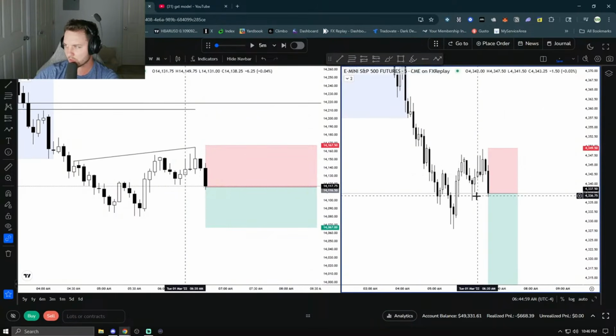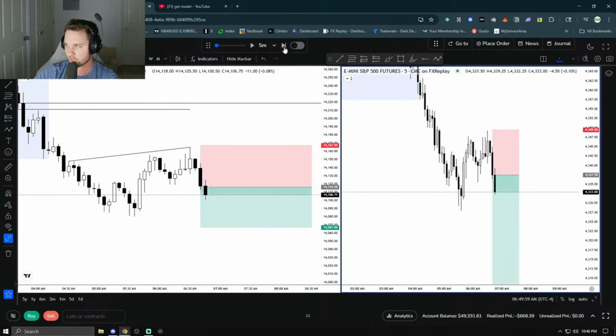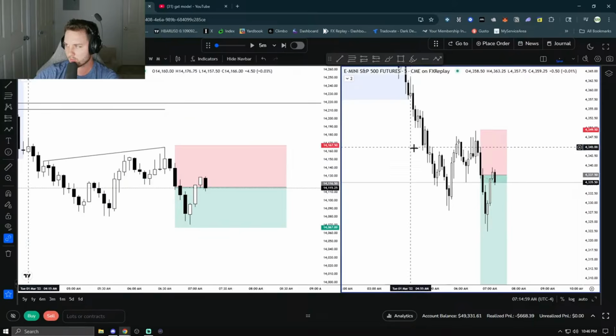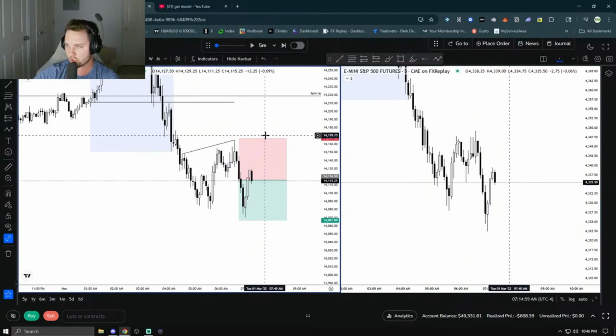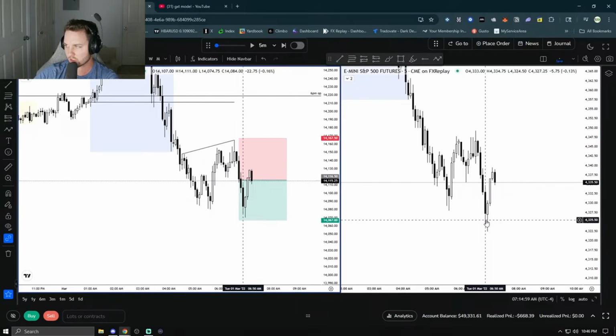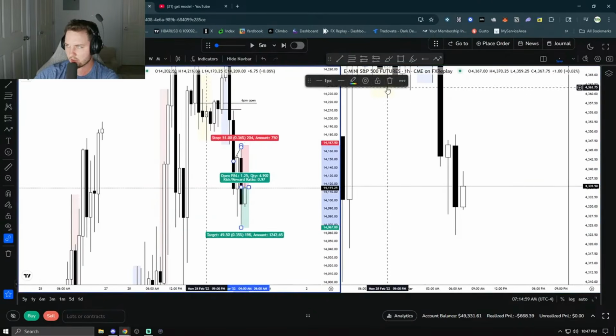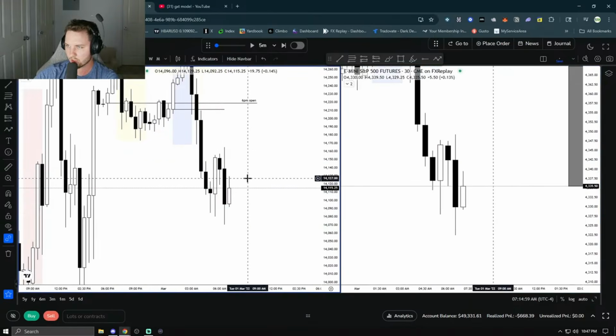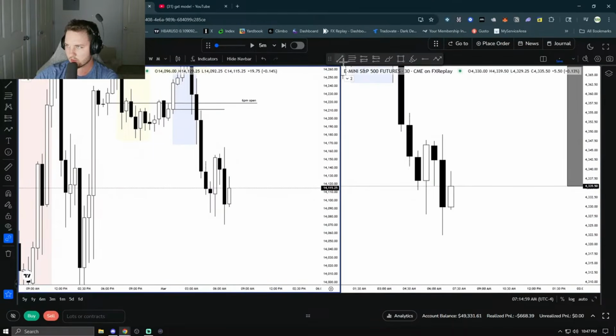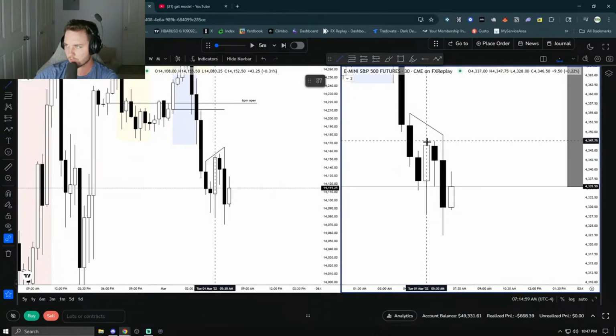But I don't like these opposing candles, so I'll just get a continuation. Continuation signature. Expansion. So this opening high. 30-minute. Let's just go back. I was just looking at that because I forgot.